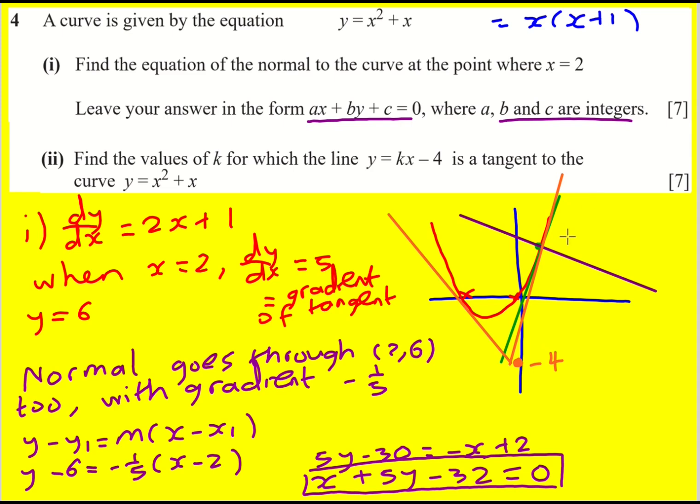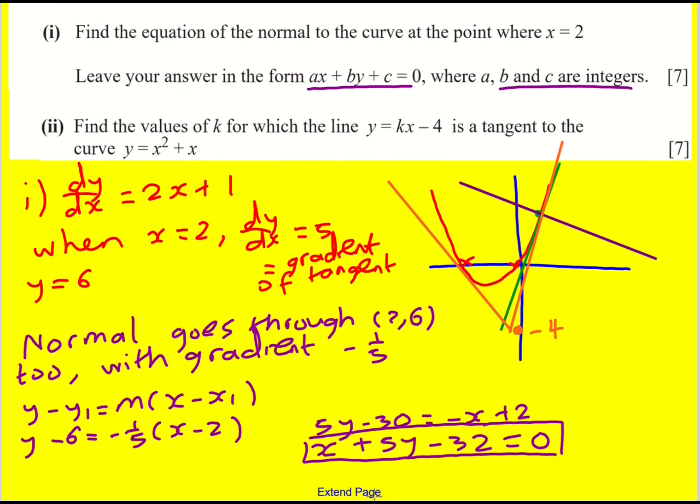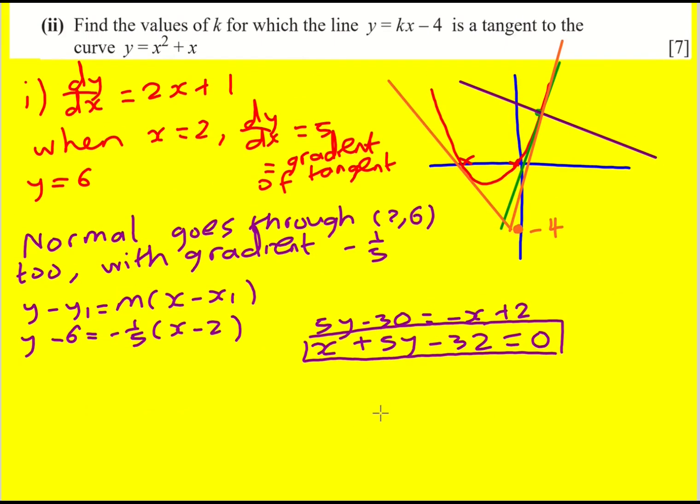So two possible values. Now the key thing about the tangent is that it just glances off of the curve. So I'm going to aim to solve this pair of simultaneous equations, and then I'm going to set the discriminant equal to 0 because it's not crossing in 2 places or 0 places, it's crossing in precisely 1 place. That's how we're going to deal with it.